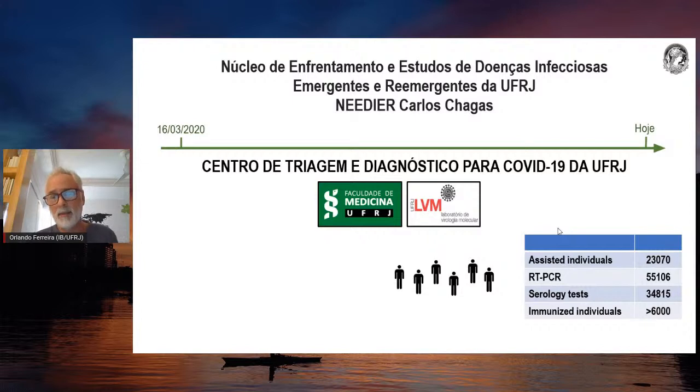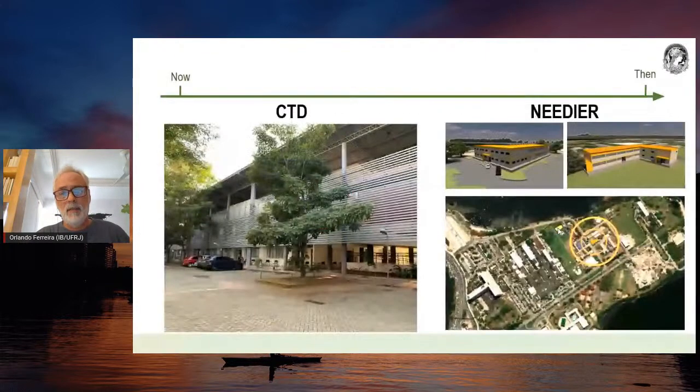And as of September 28th, it assisted 23,000 people, has done 55,000 PCR tests, around 35,000 serological tests, and immunized more than 6,000 people, among many other activities. So this is the Center for Testing and Diagnosis today, and on the right side is the future of the nucleus.